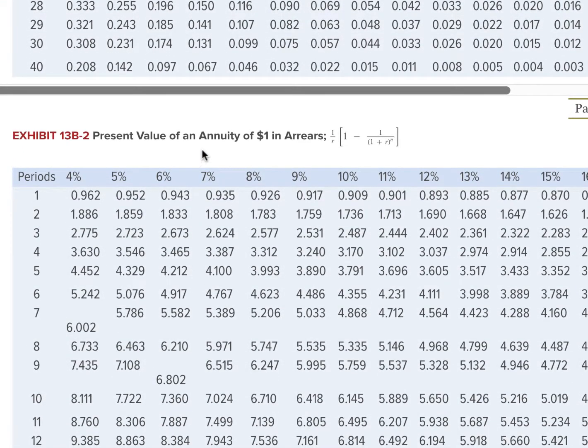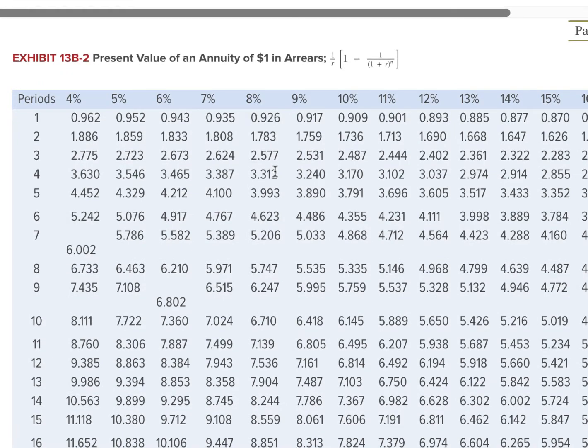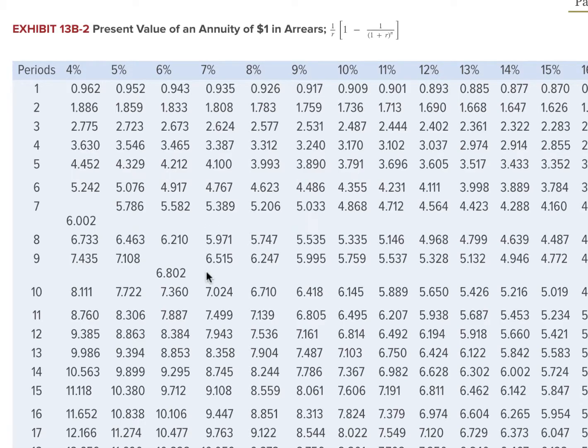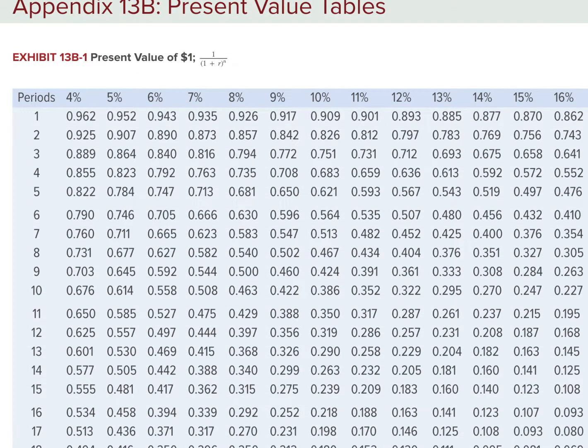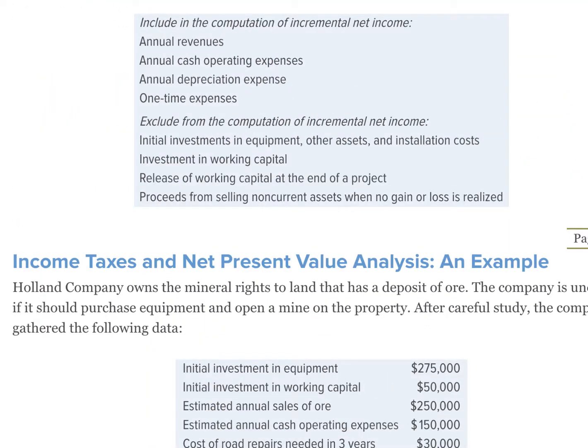Present value of an annuity, $1 in arrears. We don't want to use that one. Or wait, yeah, we do. I'm sorry, I apologize. In arrears. So how they figured out that factor of 3.696, they went to the present value of an annuity table. Bear with me here for a second. I apologize.